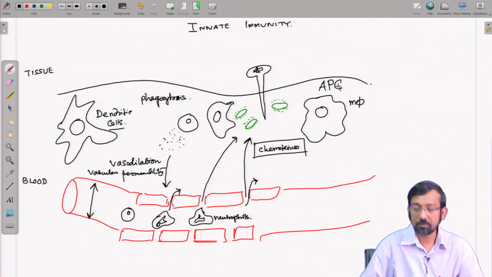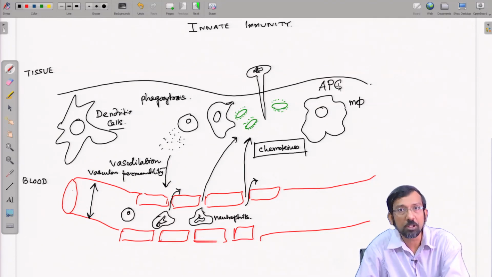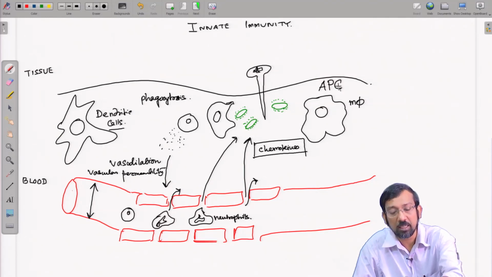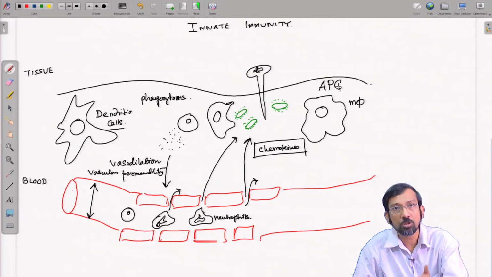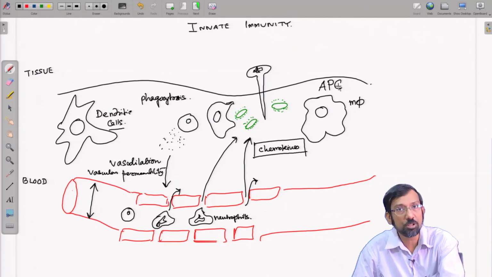Now, how do they do that? As I described here, if you look at the picture again, there is an insect bite or a tissue damage or a nail piercing the tissue, and then there are bacteria coming in. Now, the initial function of the immune system is to send the phagocytic cells to this region of infection, leading to engulfment of the bacteria.